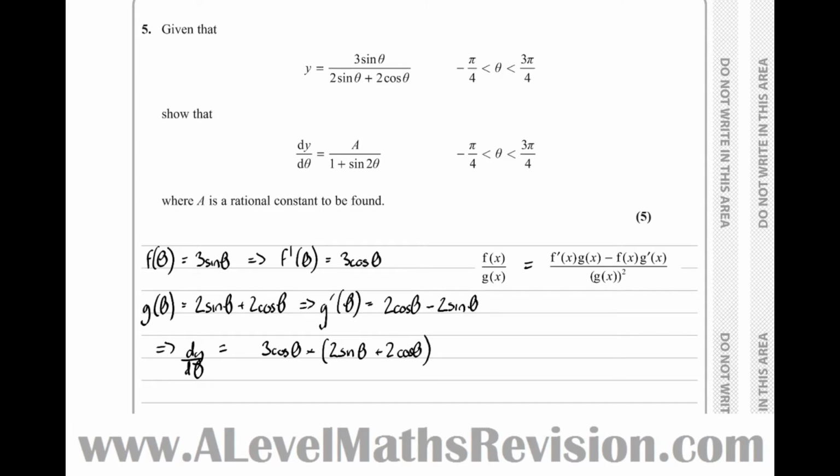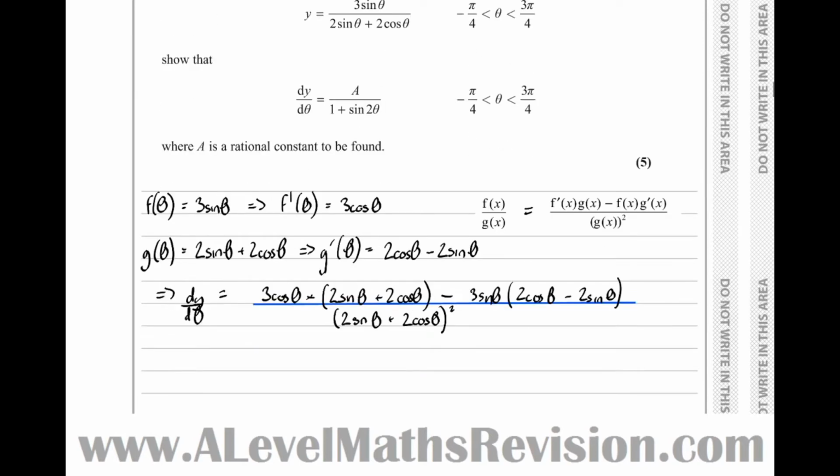Then take f of theta, so 3 sine theta, times g dash theta, which is 2 cos theta, take 2 sine theta, all over g of theta squared. So in this case, 2 sine theta plus 2 cos theta, all squared. Right, so let's simplify that now.